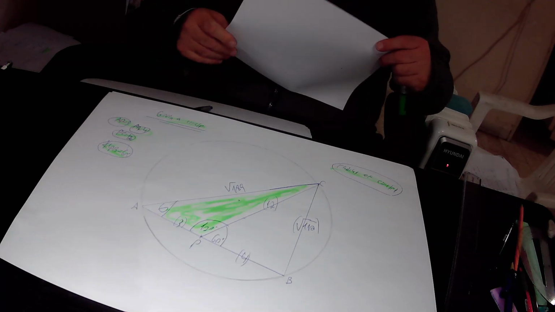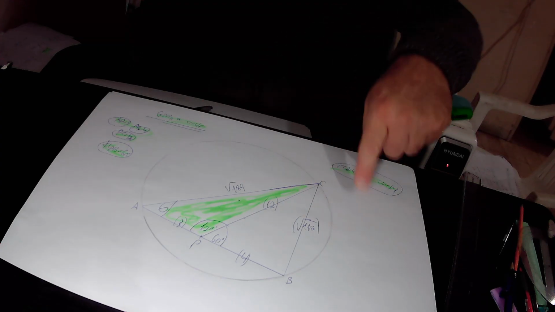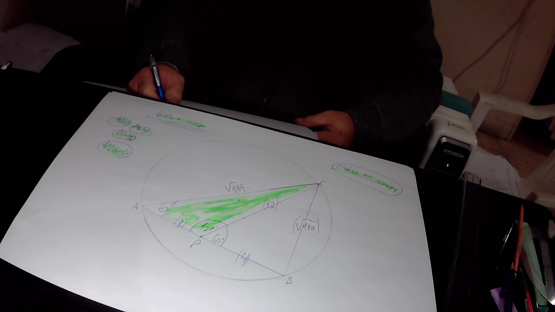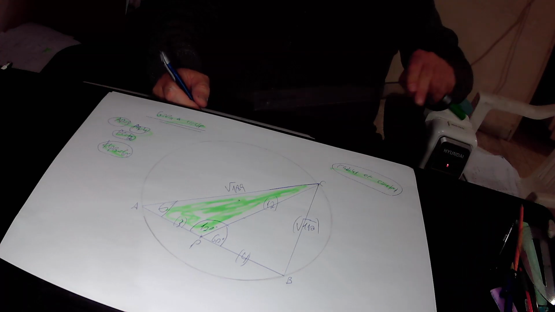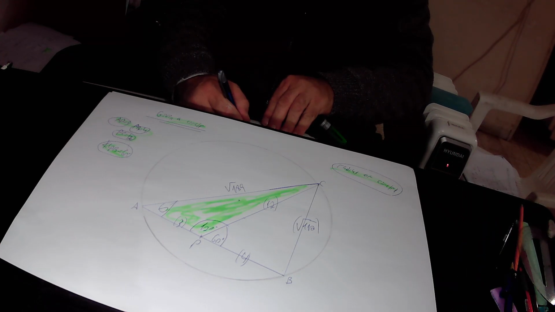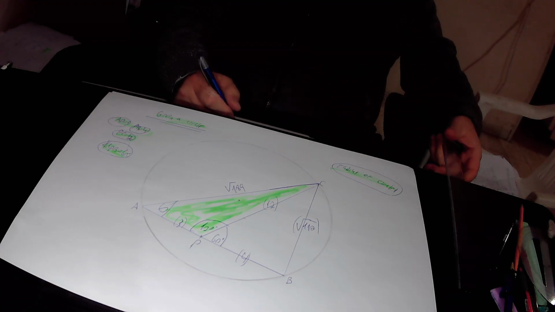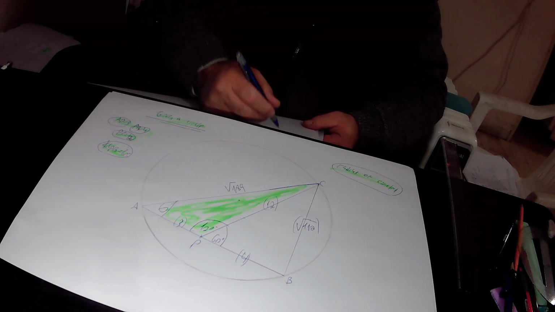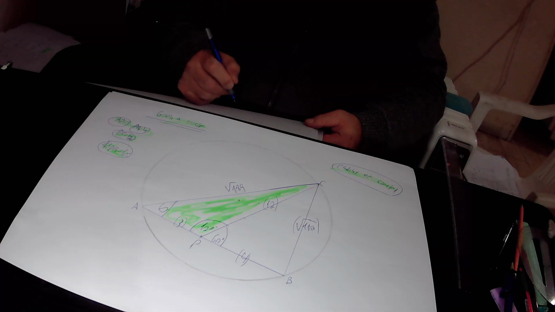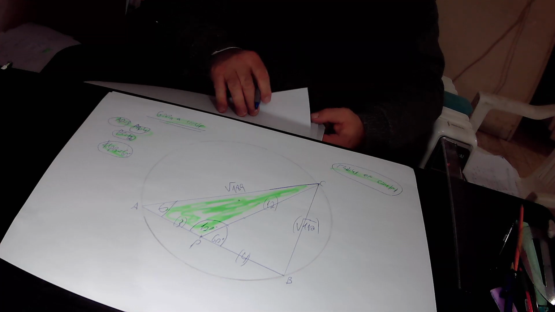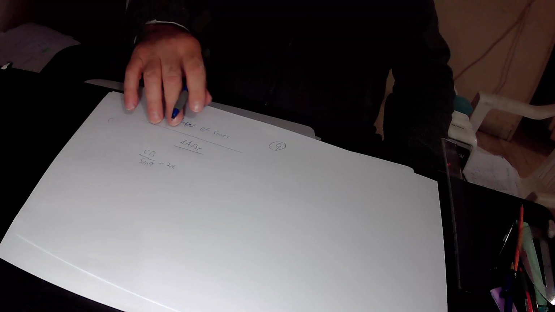If we implement the law of sines on this big triangle ABC, the following equation is true: CB over sine alpha equals 2R.